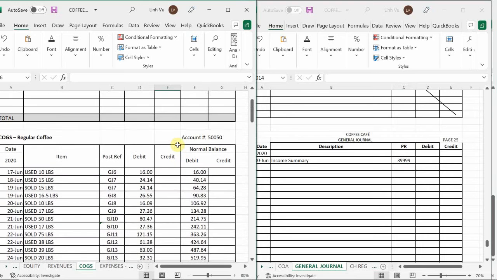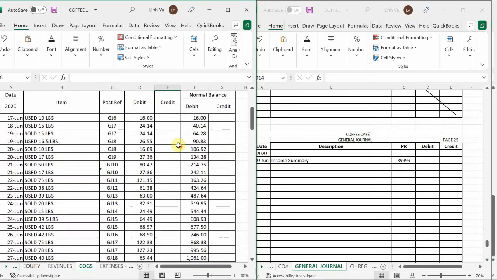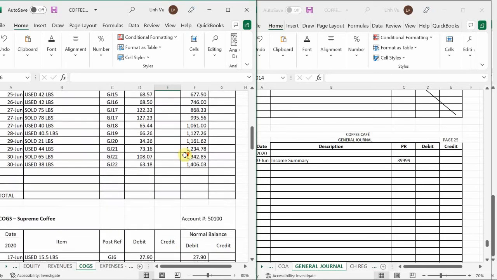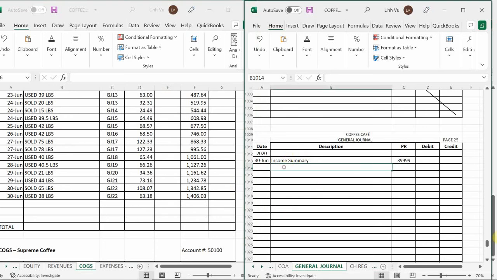So we're going to start with the first account here, which is my cost of goods sold expense account. Okay, and it's going to be for the cost of goods sold for the regular coffee. So we know for a fact this is all going to be credited. So cost of goods sold regular coffee. Okay, this is account number 550, and it has a credit balance of $1,406.03.